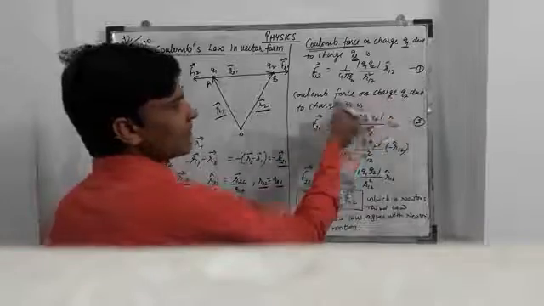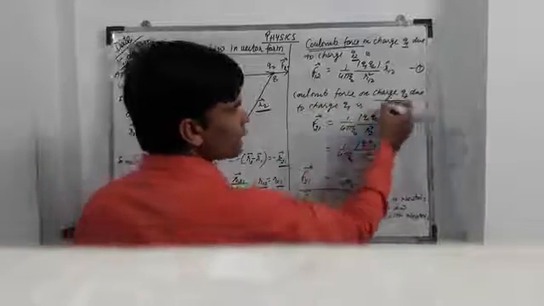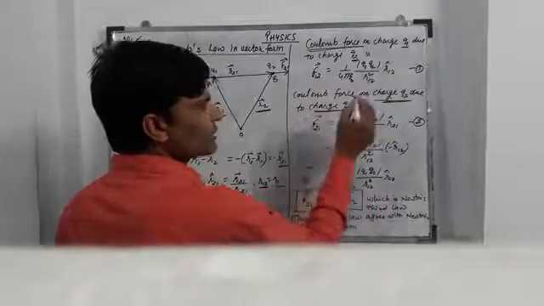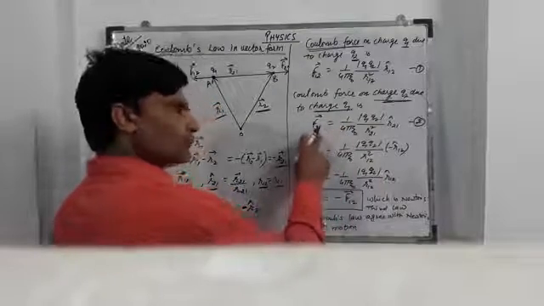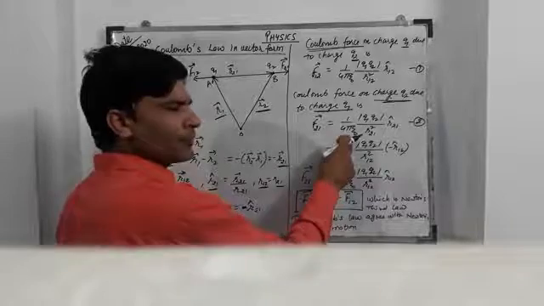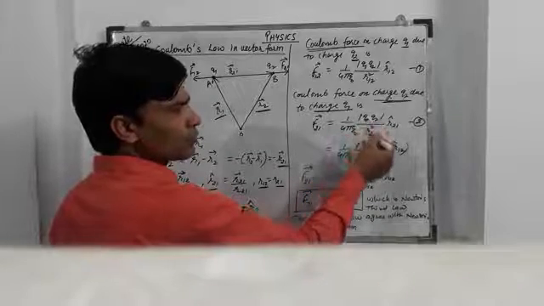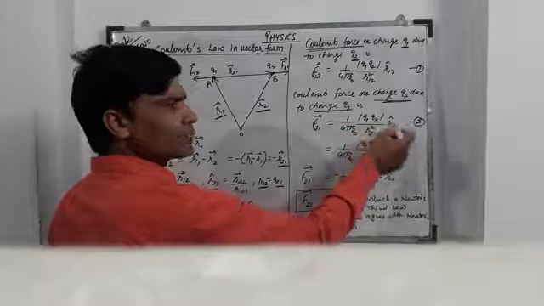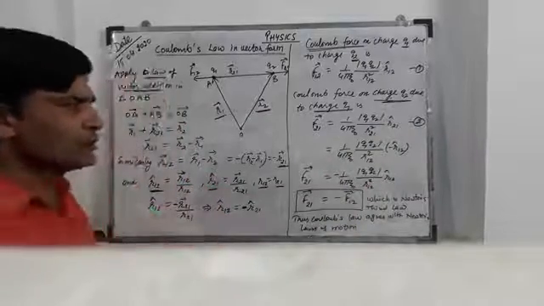Similarly, the Coulomb force on charge Q2 due to charge Q1 is the F21 vector, equal to 1 upon 4 pi epsilon naught Q1 Q2 upon R21 square, R21 unit vector.